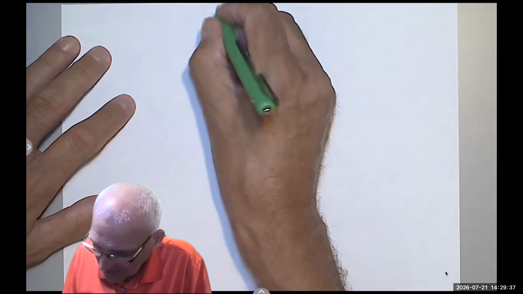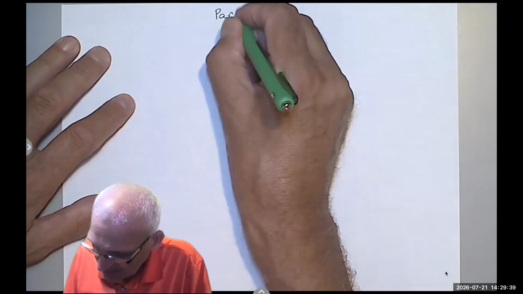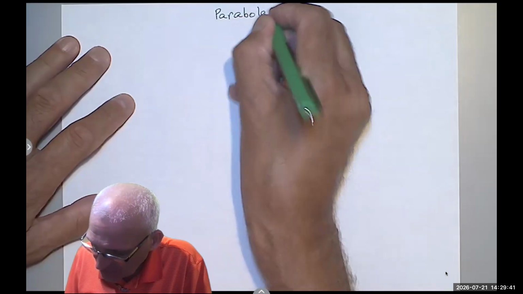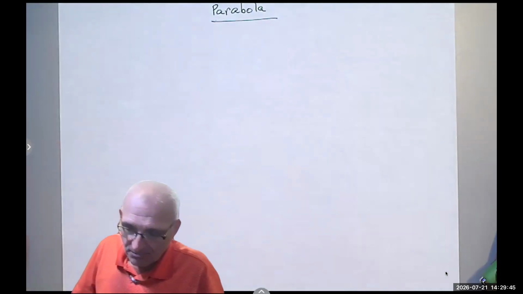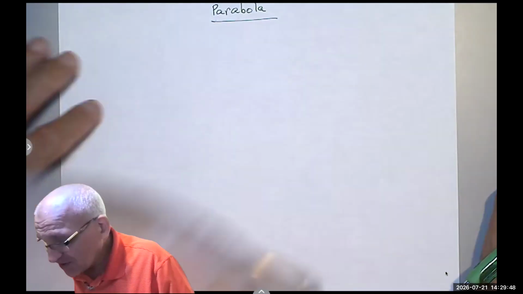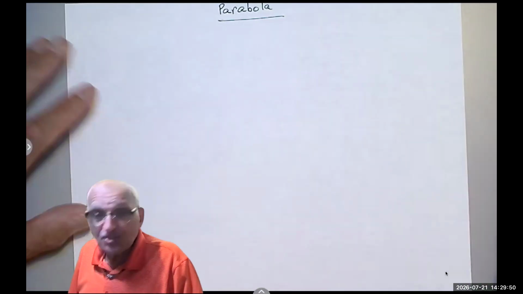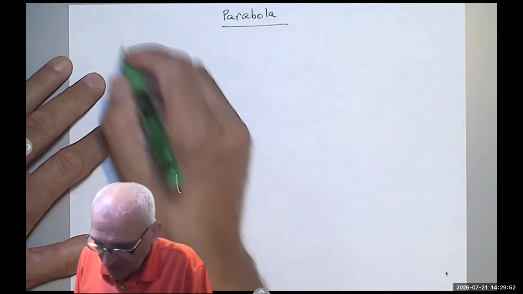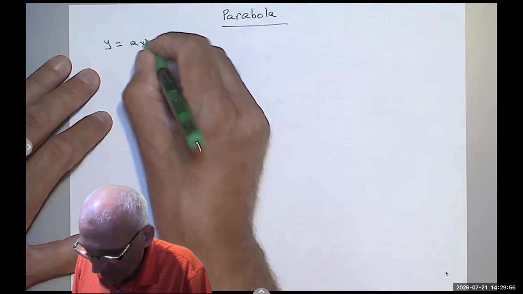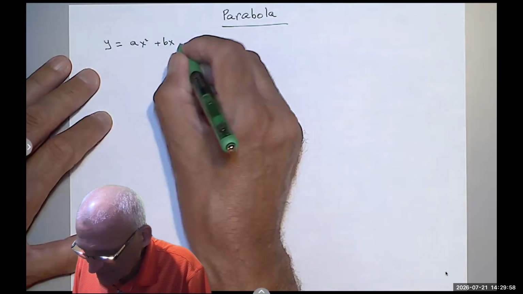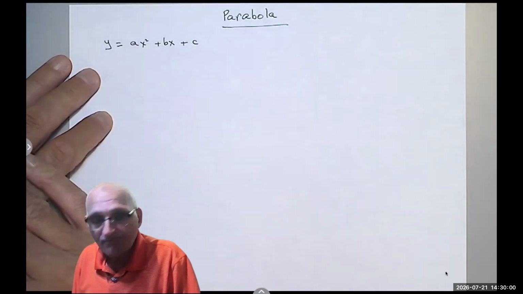Okay, so what is the parabola? We already learned about that when we solved quadratic equations and drew quadratic functions. So generally speaking, I can write the parabola as y equals ax squared plus bx plus c, okay?